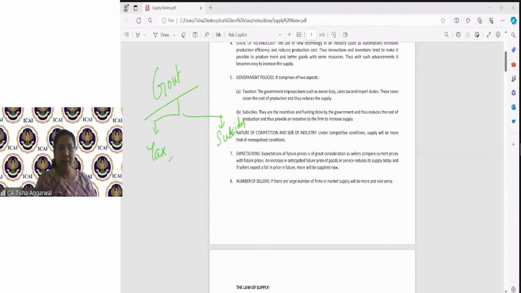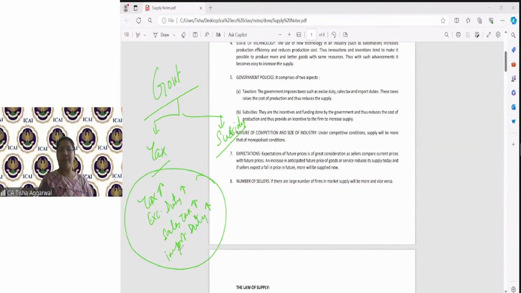If tax increases, excise duty increases, sales tax increases, import duty increases, in all these cases the cost increases. If the cost increases, profit reduces. If profit reduces, supply also reduces.